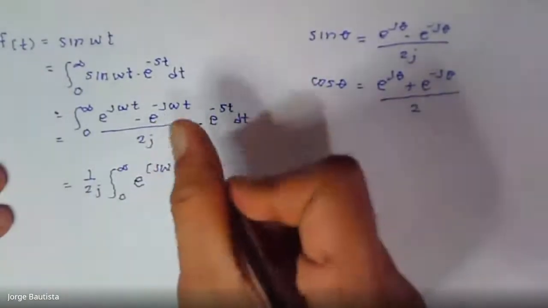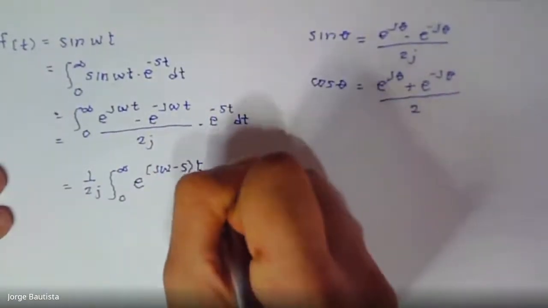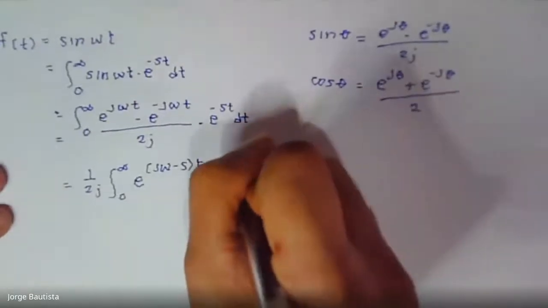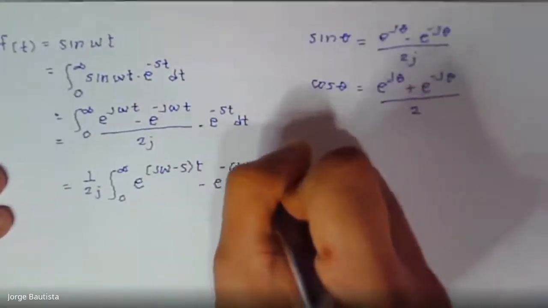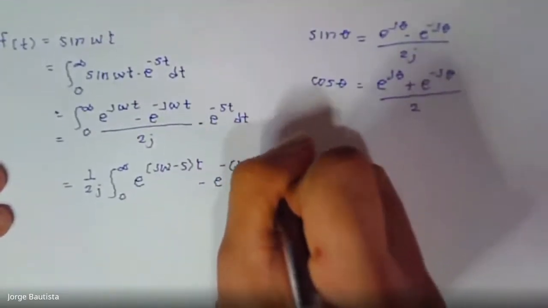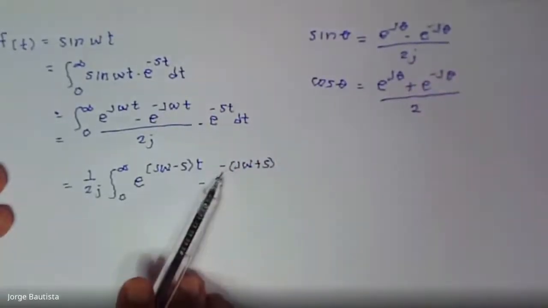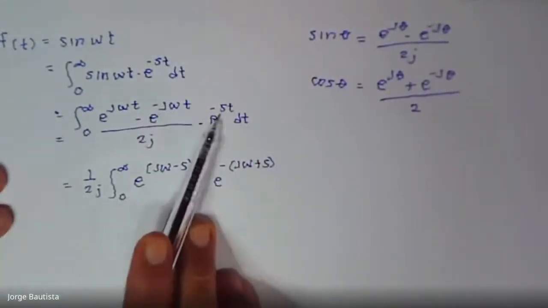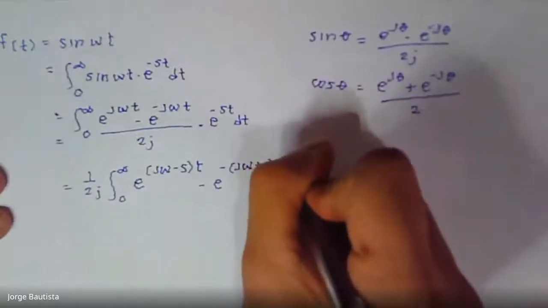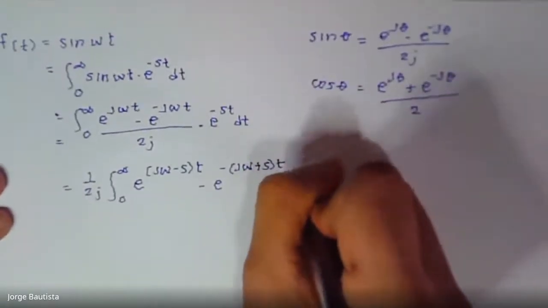And then minus e raised to negative j omega plus s t. It becomes plus s because the negative was factored out. dt.